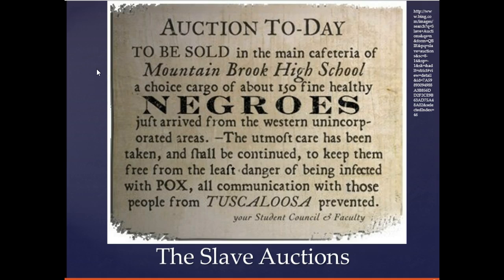It says auction today to be sold in the main cafeteria of Mountain Brook High School. This could say Northern Lebanon High School or any other high school back in the 1700s and early 1800s. A choice cargo of about 150 fine, healthy Negroes just arrived from the western unincorporated areas.